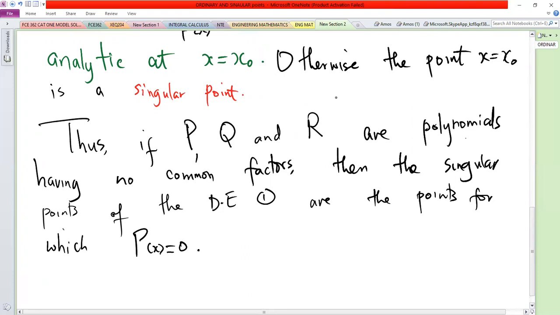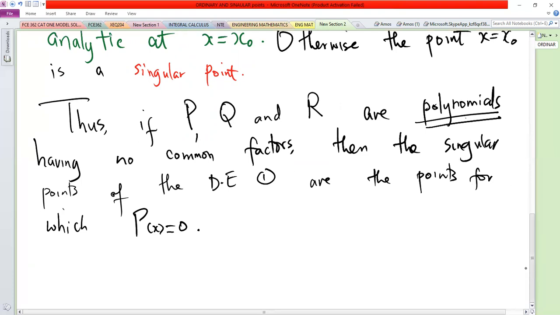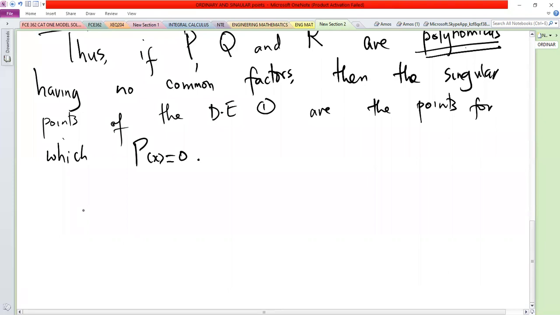Remember, the key thing here is that P, Q, and R are polynomials, not just any other kind of function. Then you get singular points by letting capital P be 0. But if they are not polynomials, that might not be the case.